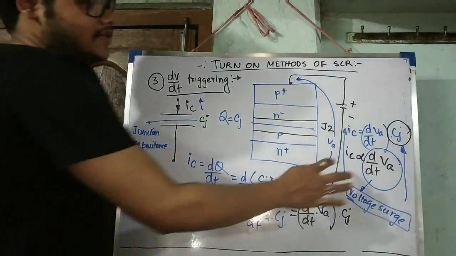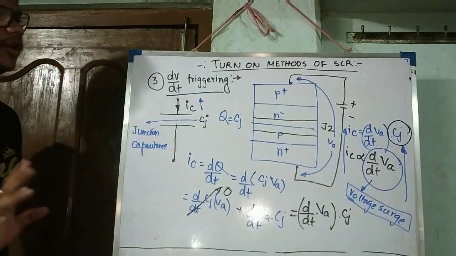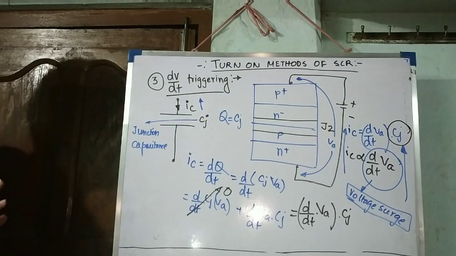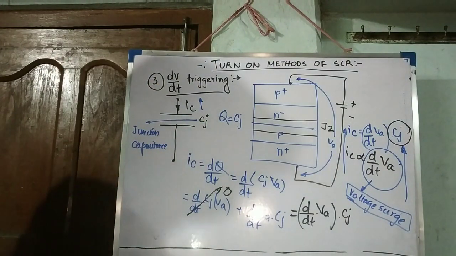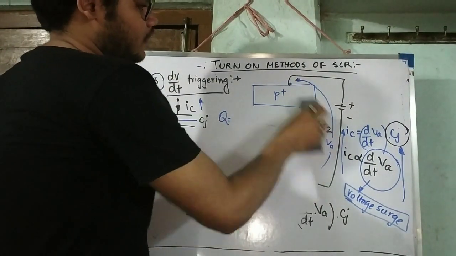Okay, we will see that this dV/dt protection is also achieved with the help of snubber circuit and all. So this is all about your dV/dt triggering. This is because of the junction capacitance. Okay. Now there are two more triggering methods.